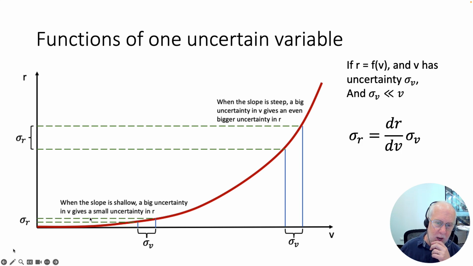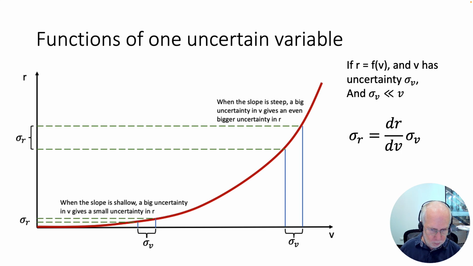It turns out that calculus is the way to deal with this. So here on this graph we've got V along the bottom and R up the top. And what you can see is, let's say you've measured V as this, but you're going to have some uncertainties. So what that means is V could be anywhere in this range.